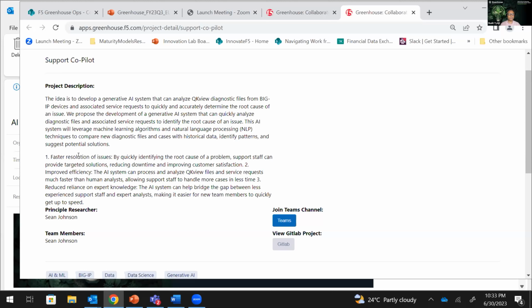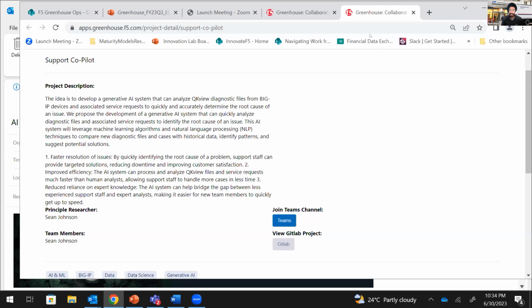I think the benefit here is faster resolution of issues. Can you get the gist of the proposition here? How would you go about considering how we should use AI in general and generative AI in particular for this specific idea?